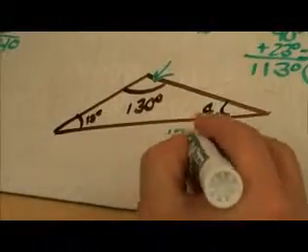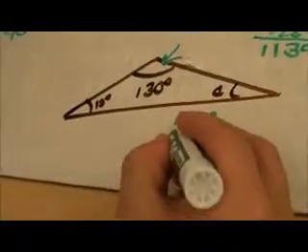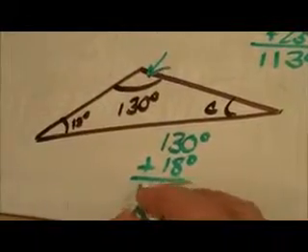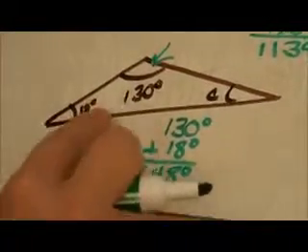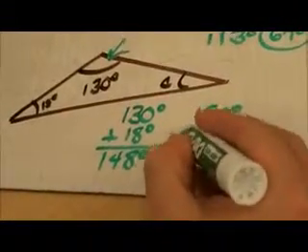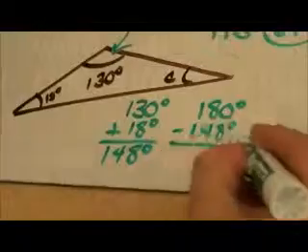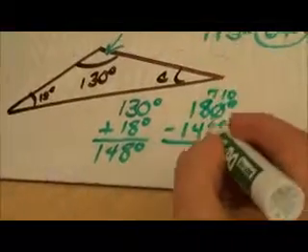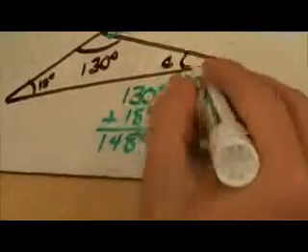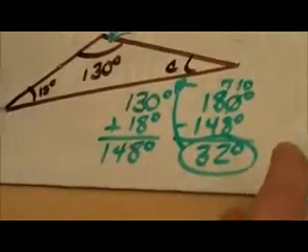I'm going to add the two angles that I know, and I'm going to end up with 148 degrees for my two angles. Now I will subtract from 180, and my angle C should be 32 degrees.